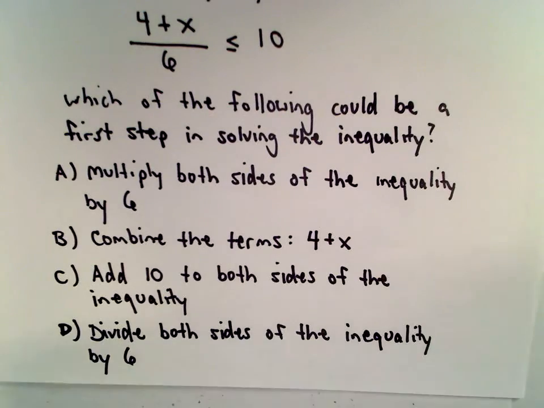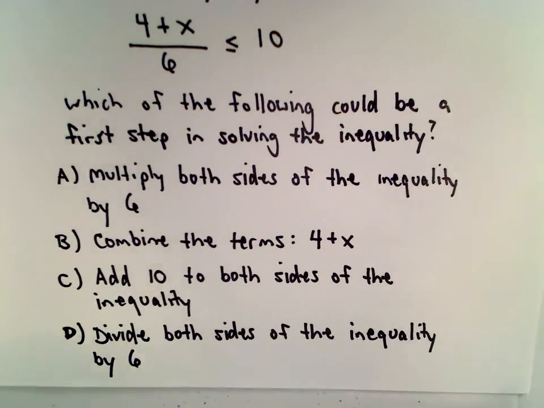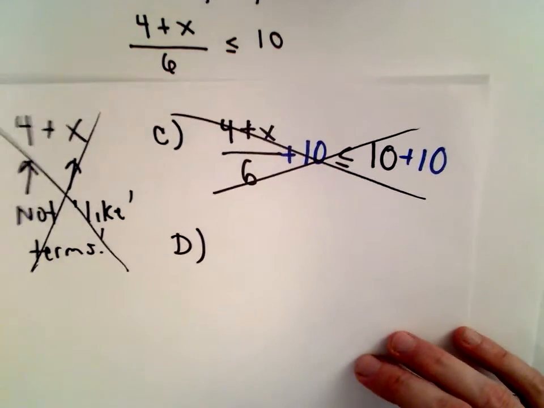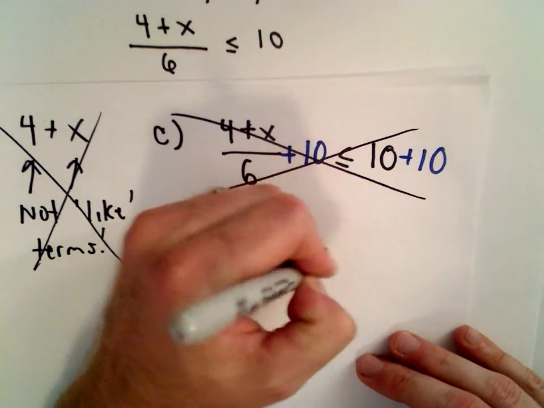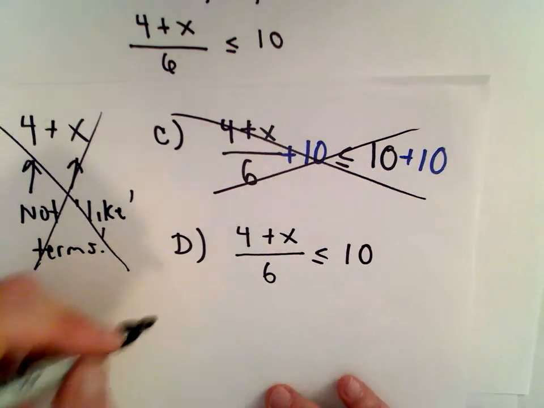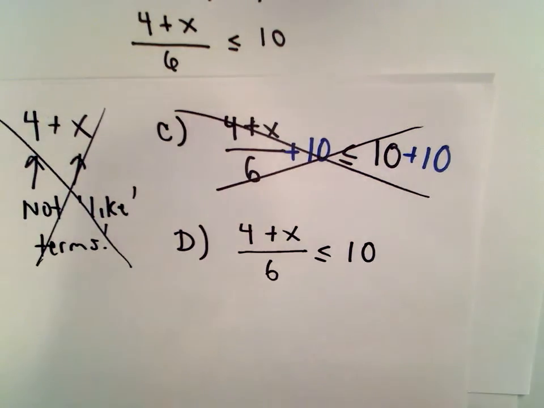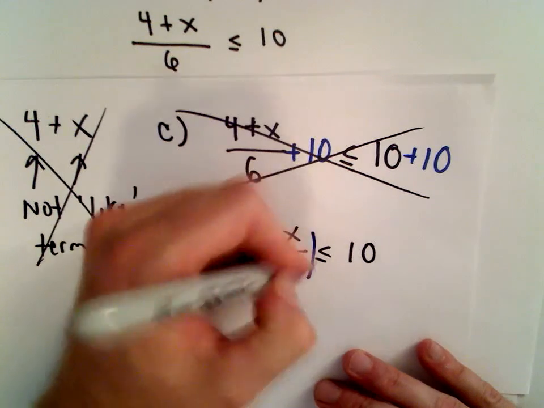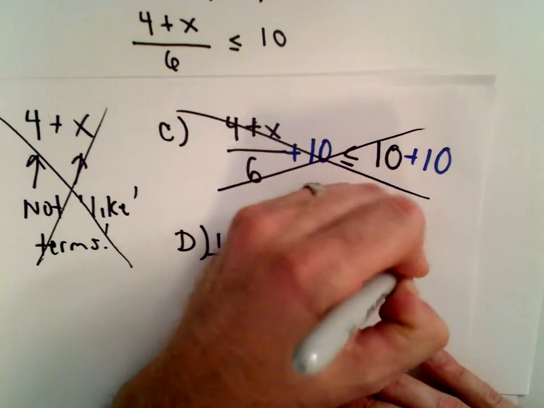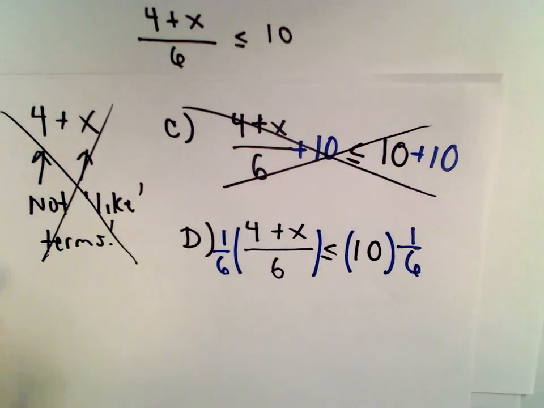Part D said divide both sides of the inequality by 6. Well, dividing by 6 is the same thing as multiplying by 1 over 6. So if I multiply both sides of my inequality by 1/6, I don't really see what that's going to do.